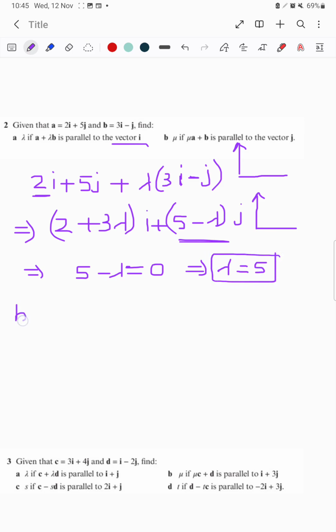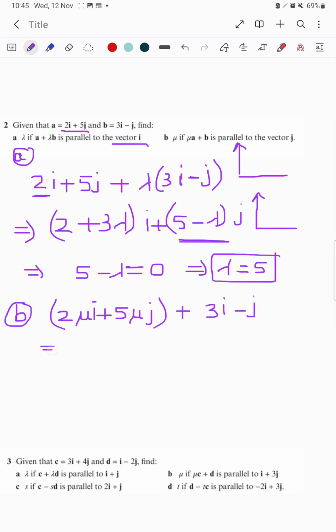Now the second part of this question is mu a plus b. So that means mu is multiplied by this vector. So it will be 2 mu i plus 5 mu j, and plus b, that is 3i minus j.